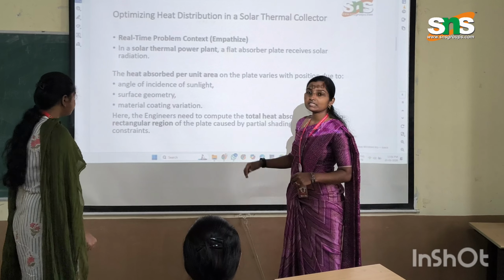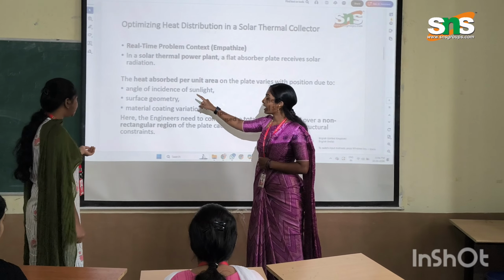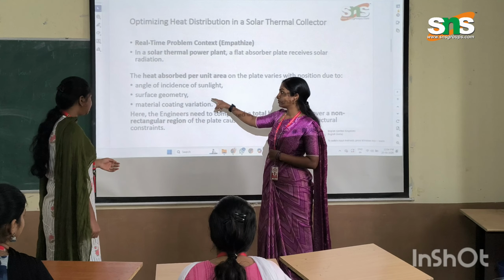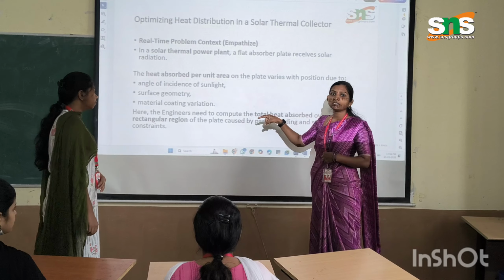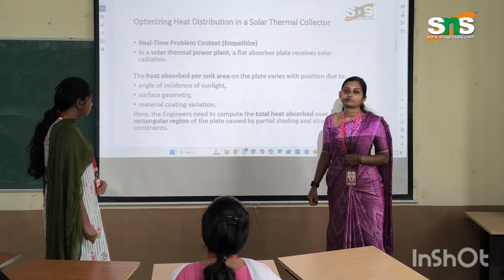So these are the constraints we have. What are the constraints? First one is sunlight and its incidence. Second one is surface geometry, and the third one is material coating variation. So these are the things we need to take as the constraints and the conditions here.